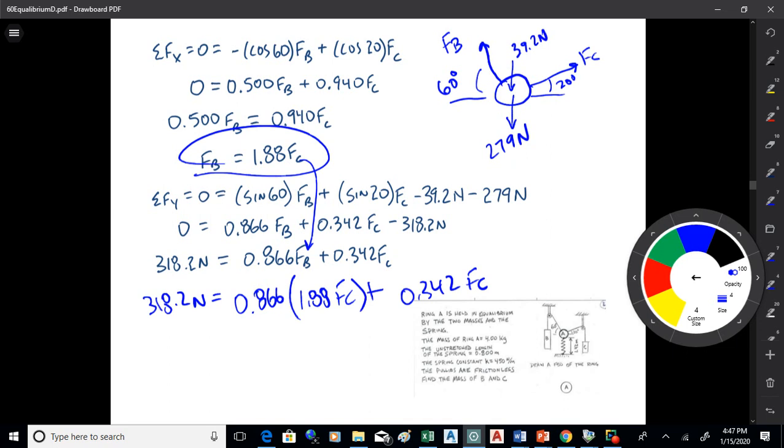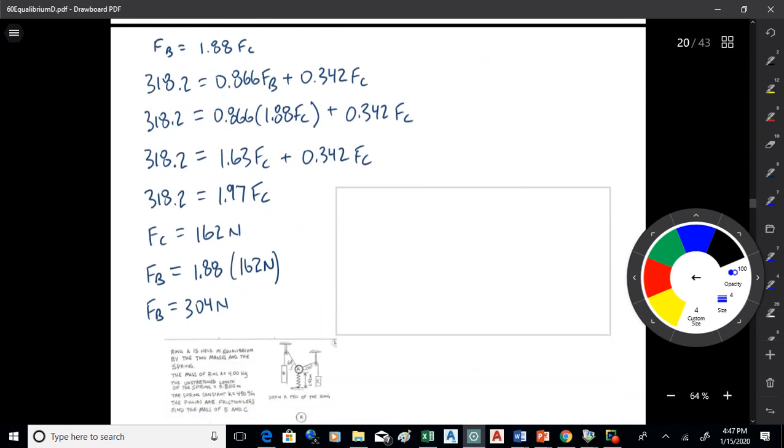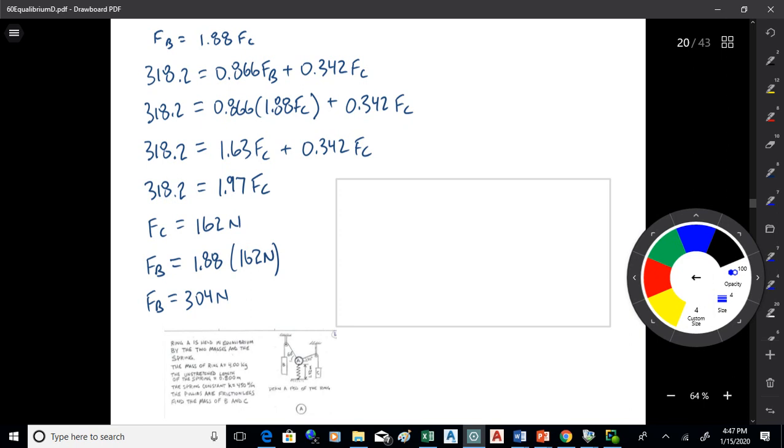That's the idea here. So I plug that in, I get 318.2 is 1.97 FC. So FC is 162. I know that FB is 1.88 times that, so FB is 304. Those are forces in the cables.